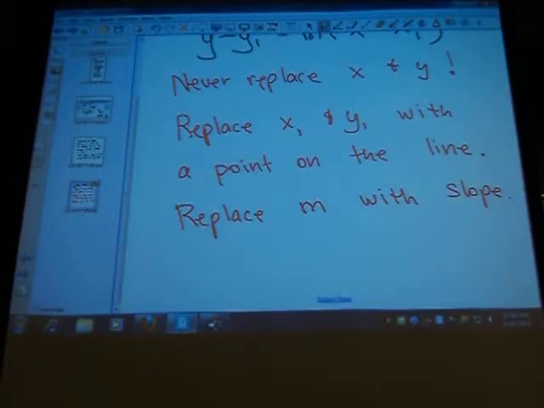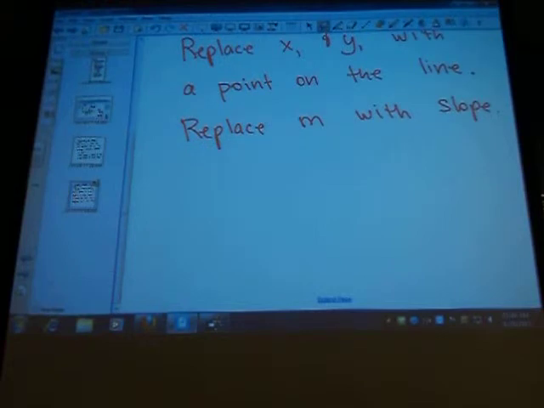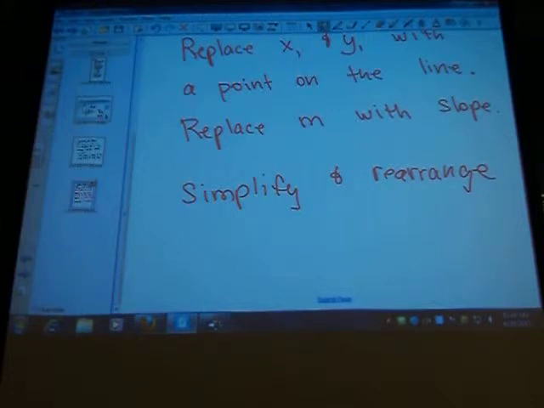I want to make it look normal. Okay? So I want to simplify and rearrange until I get y equals mx plus b. Okay? Y equals mx plus b is your goal.